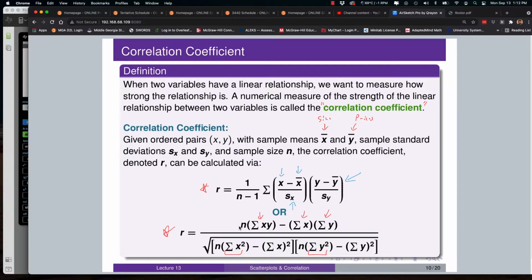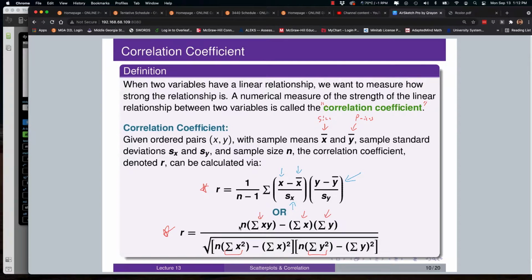So you have to do that for each one of those x values, and so you have to get a whole column of x values, each one subtracted from the mean and divided by its standard deviation. Then you have to do the same thing with the y values in another list. Then you multiply all that together, and then you get the sum of those multiplications. So it's a little bit more tedious process, and that's why I don't really like the first formula as much.